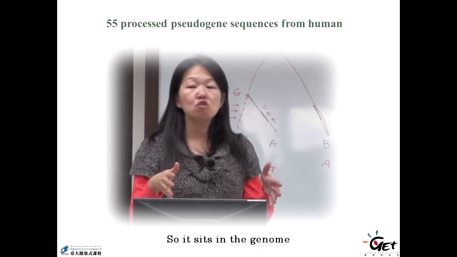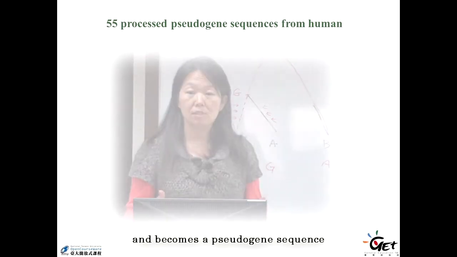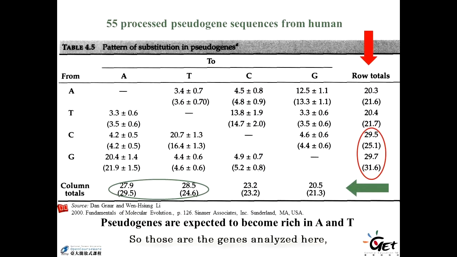So they sit in the genome and become pseudogene sequences. So those are the genes analyzed here. We name it processed pseudogene. During the RNA processing, they already chopped off all the introns. So here we only look at those types of pseudogenes for this table.